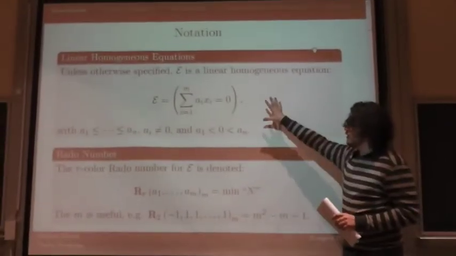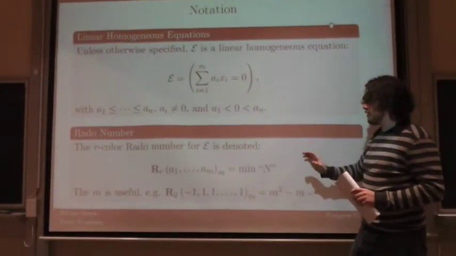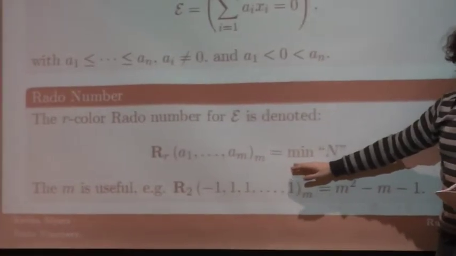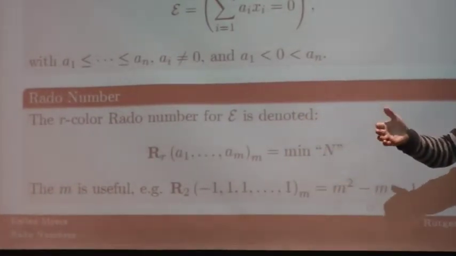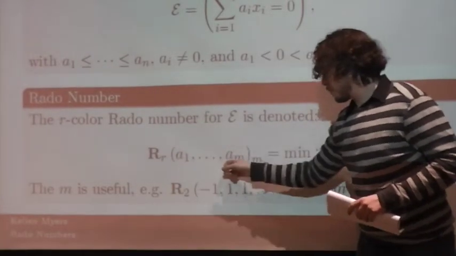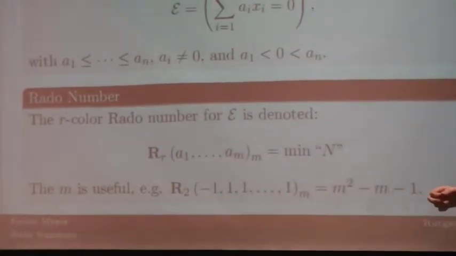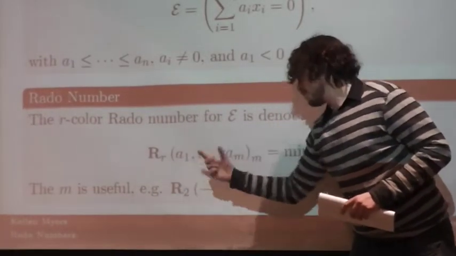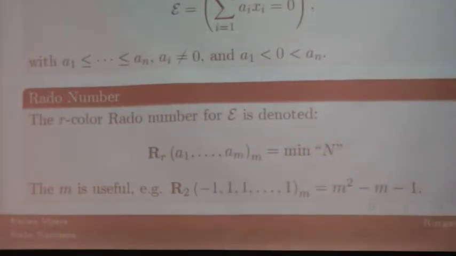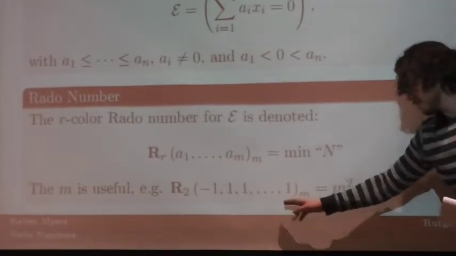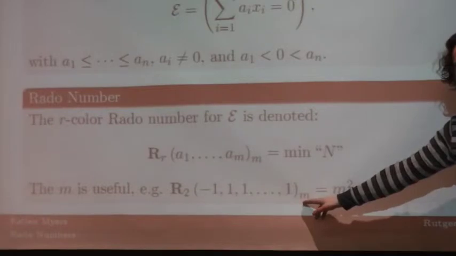So when we want to talk about this equation, what I'm most interested in is the quantity associated to that, which is this minimum n that gives you a guarantee of monochromatic solutions. So if you take the coefficients, and we'll try to list them in order, I'm using R for Rado number, little r for number of colors, and then just a list of coefficients. And I'm repeating this m here because in some cases where we like to use ellipses, you might need to say m.